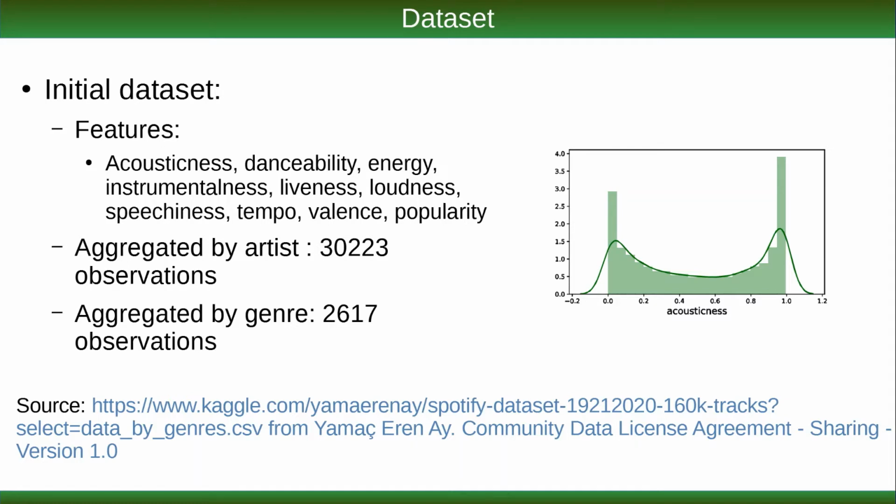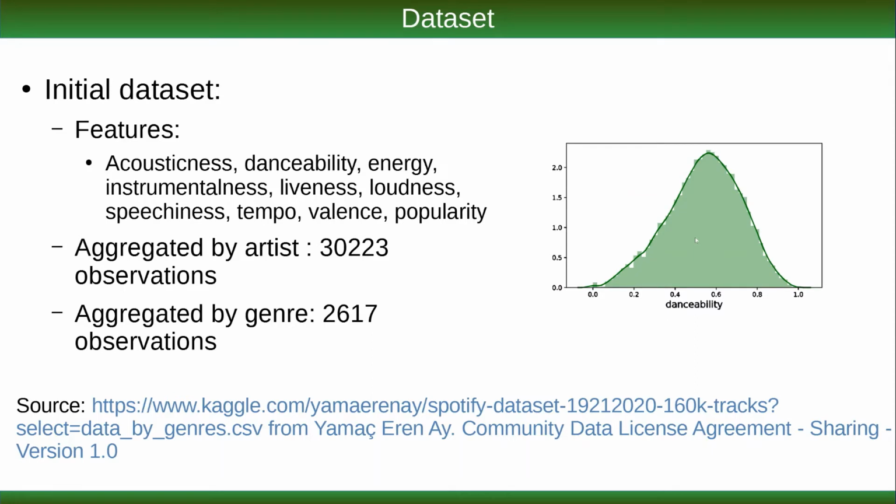One comes from aggregating by artist, and then you get around 30,000 observations. And the other one is when aggregated by genre, and then you get around 2,600 observations. The distribution of acousticness in the artist table can be seen on the right side, and also danceability. These two distributions are quite different and are representative of the different features, different distributions.